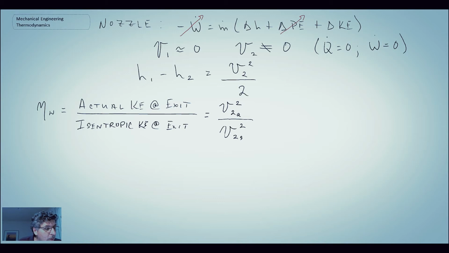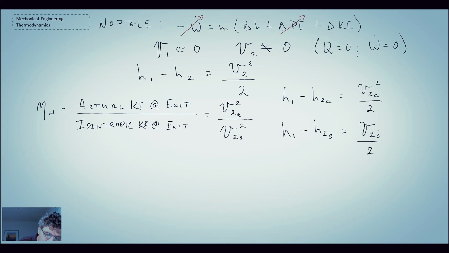We have the actual and the isentropic, and we can write those out. H1 minus H2A equals velocity 2A squared over 2. H1 minus H2 isentropic equals velocity 2 isentropic squared over 2. This only works if V1 is approximately 0.